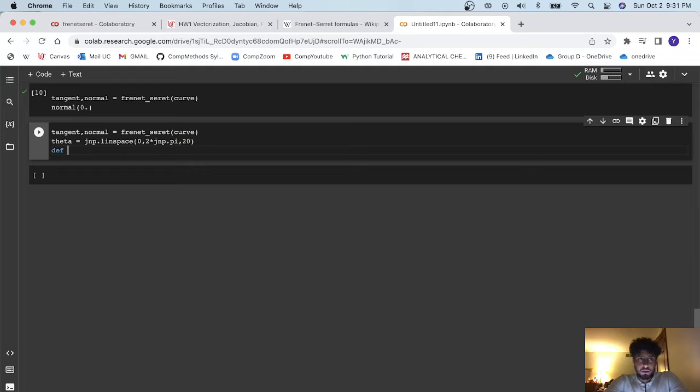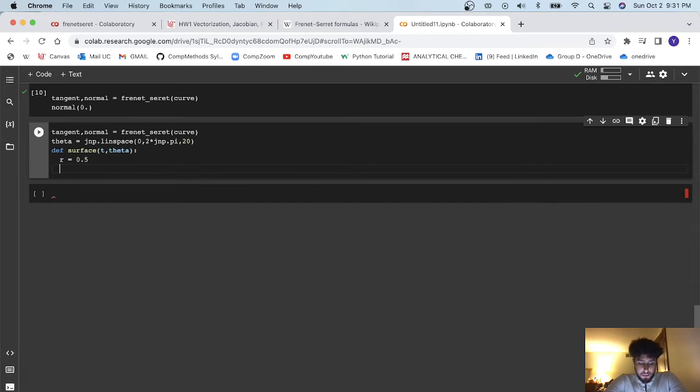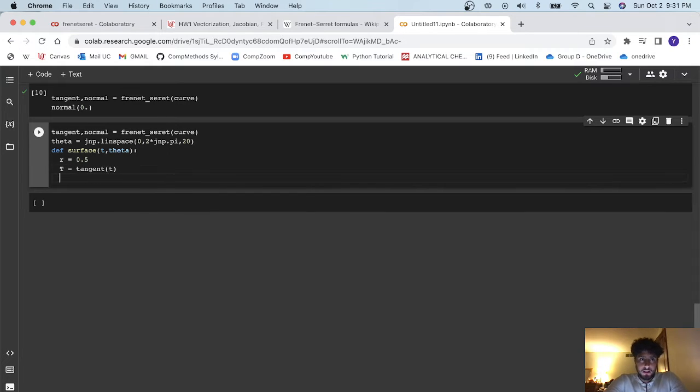So we want to define a function, and that function is the surface that will take in the time and also the theta values. What that does is create a function of the surface points. Simple enough. We're also going to define the radius 0.5. We're going to define the tangent at a point in time.